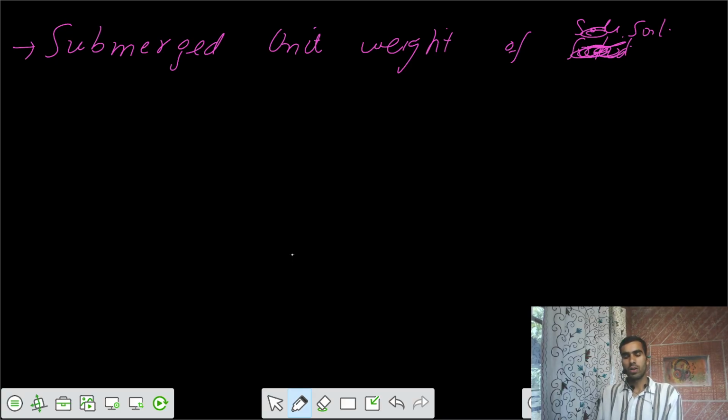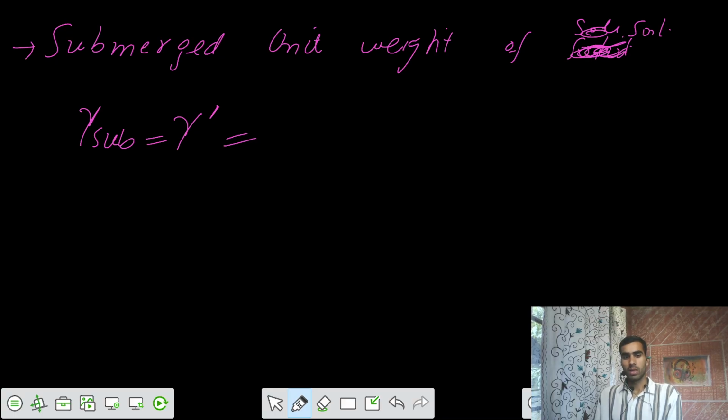So for gamma submerged, I can write gamma submerged, or we can also show it as gamma dash.